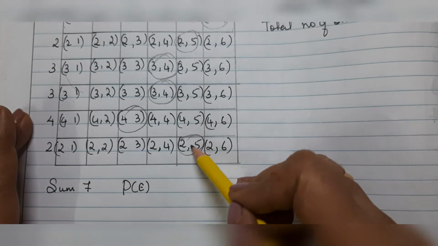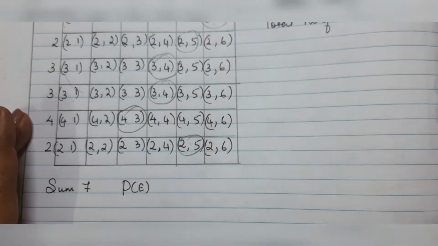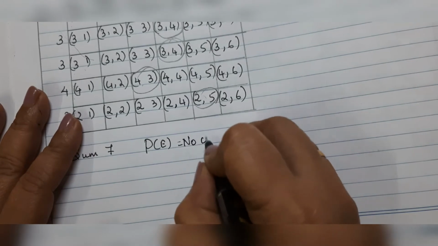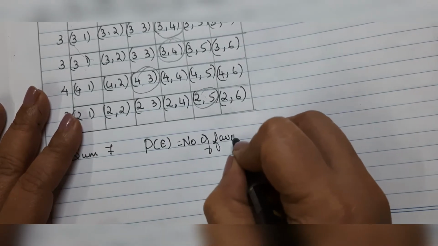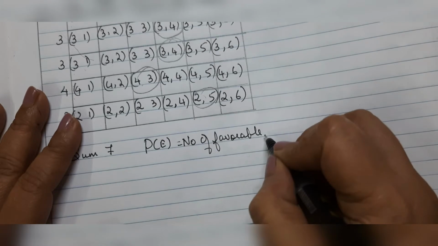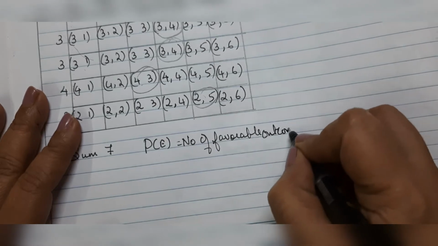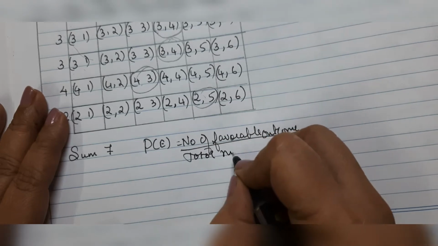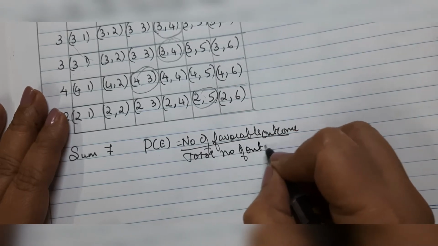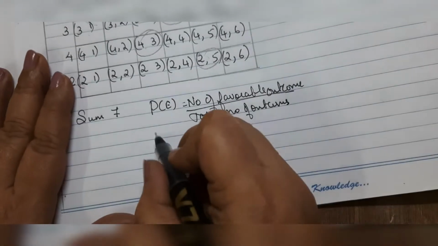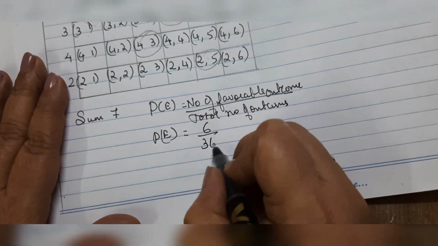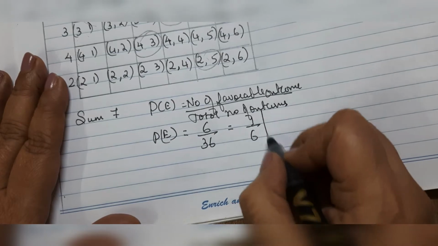So how many did we get? 1, 2, 3, 4, 5, 6. So total number of favorable outcomes divided by total number of outcomes, so we get P(E) = 6 divided by 36, which is 1 divided by 6.